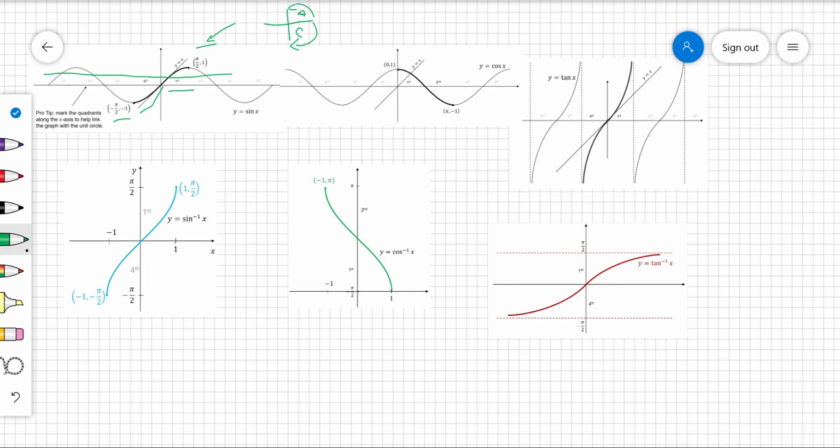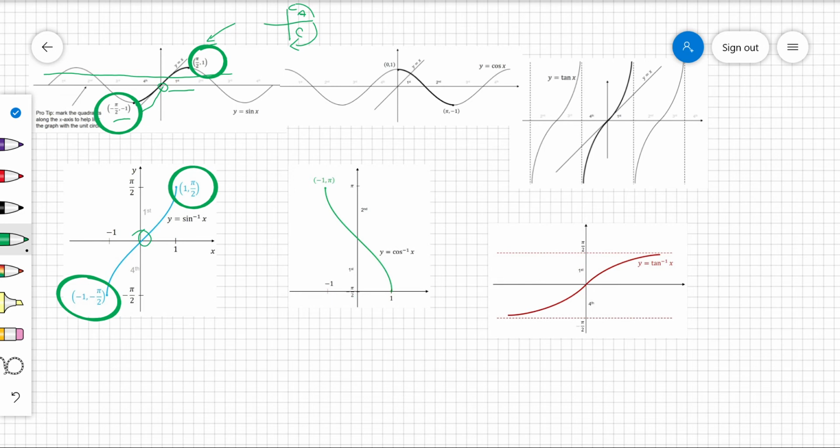It fits nicely. If we think of this point here, we've got pi on 2, 1, so the inverse of that would be 1, pi on 2. This point, negative pi on 2, negative 1 becomes negative 1, negative pi on 2. 0, 0 is still 0, 0.